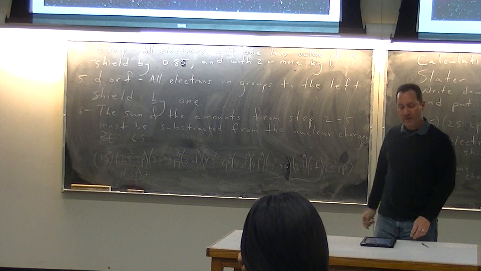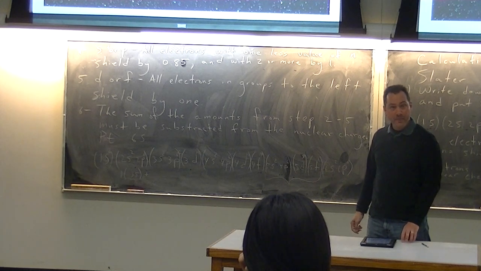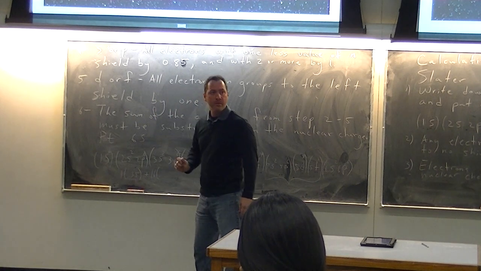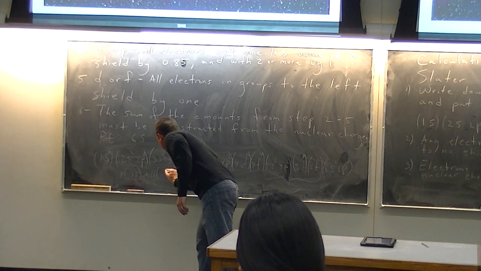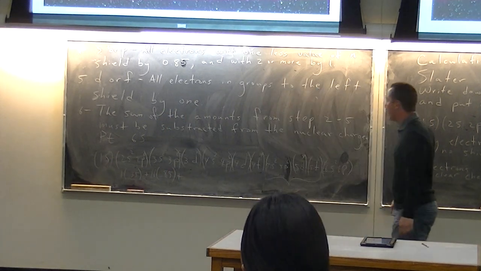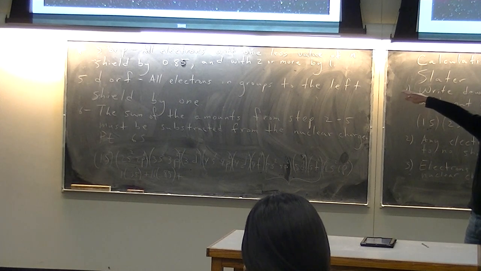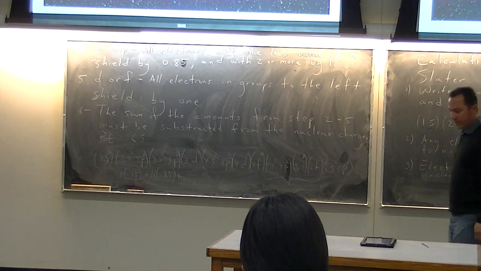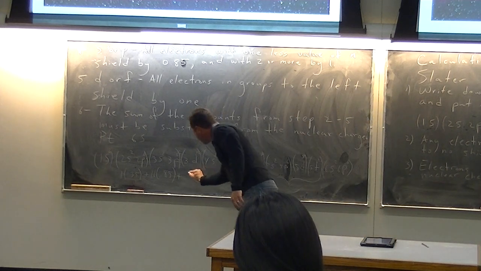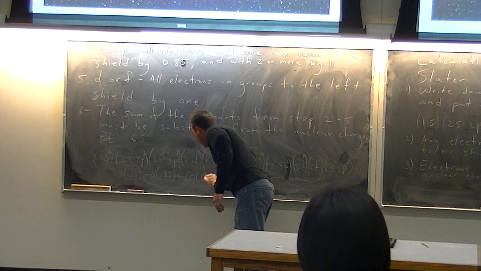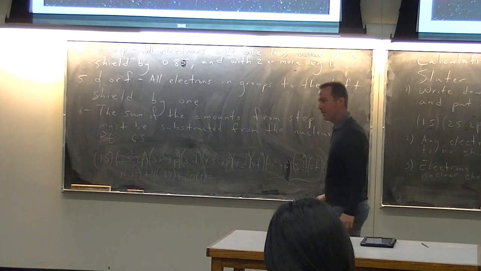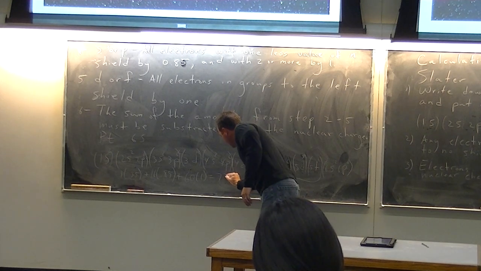How many electrons are there? 16. So 16 times what? 0.85. Plus, how many electrons are in n-2 or lower? 60 electrons. So 60 times 1. If you do that calculation, that must be 73.95.